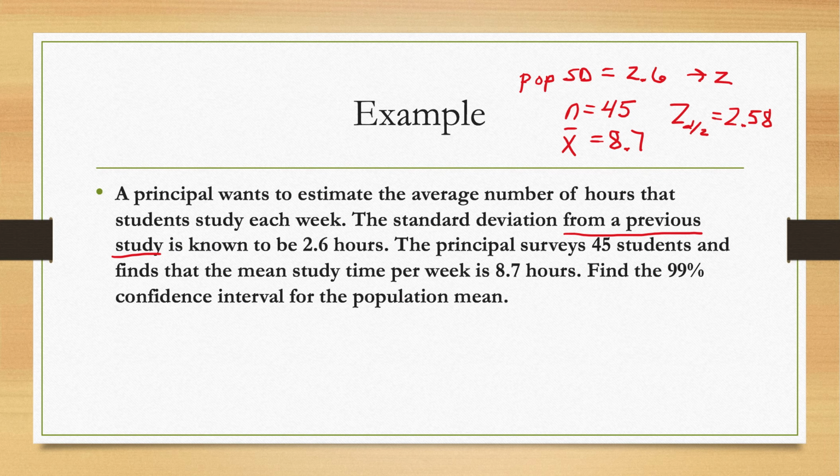We really just need to plug into that formula. Your formula starts off with the x bar, you subtract your z-score, and then in a set of parentheses, you do the standard deviation divided by the square root of n. Then on the other side of the inequality, you do exactly the same thing, but you put a plus sign.